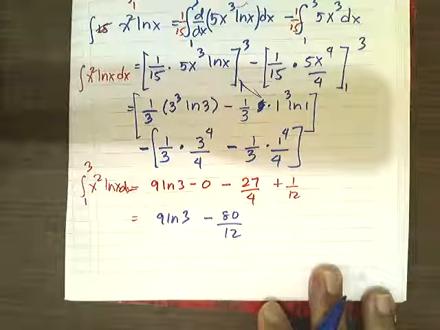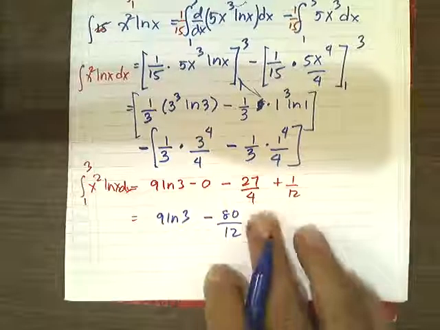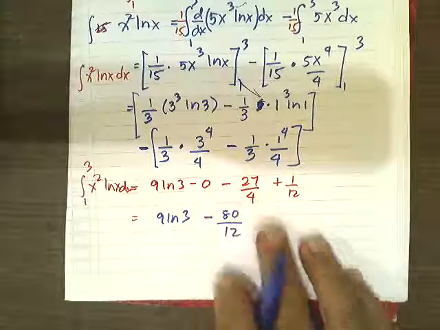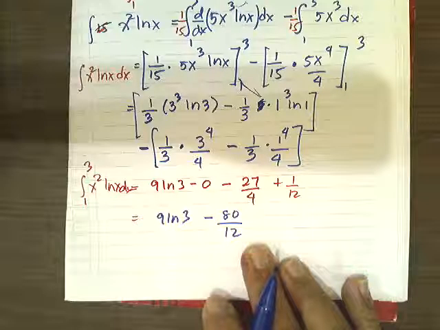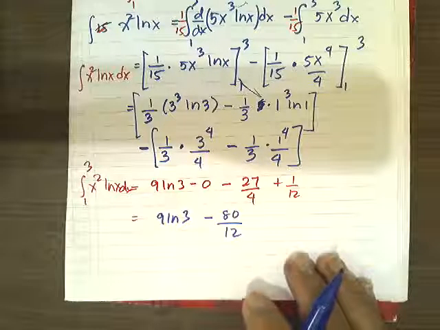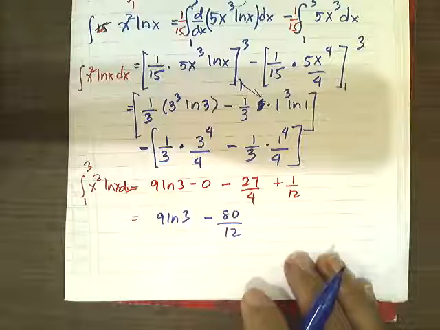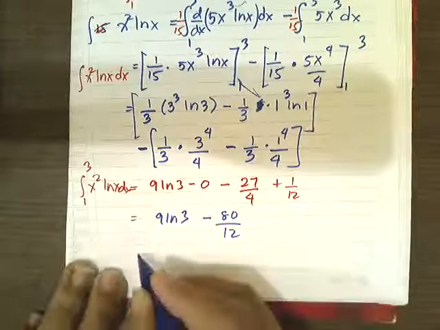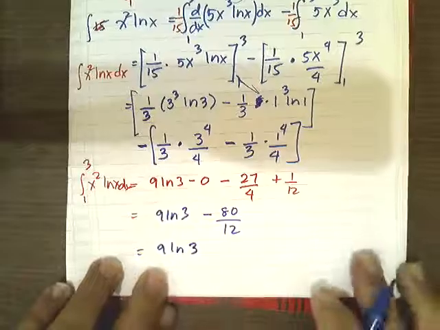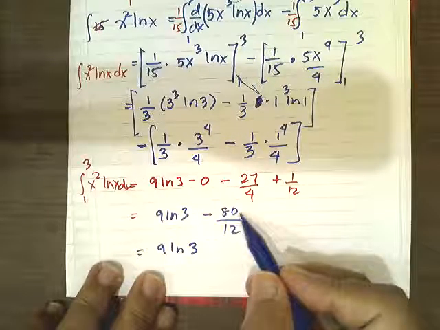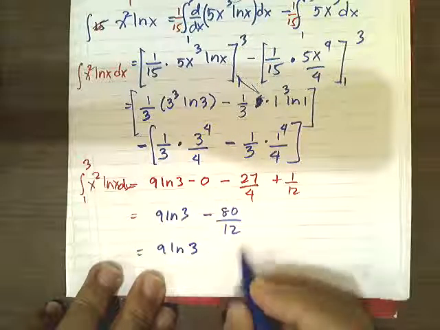Is it right? 27 times 3 is 81. Okay, correct. So negative 80 over 12 divided by 4. So that's 9 ln 3 divided by 4... and 20 divided by 4 is 3, so minus 20 over 3.